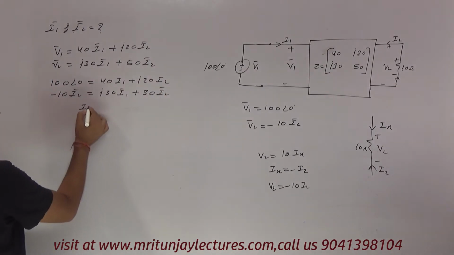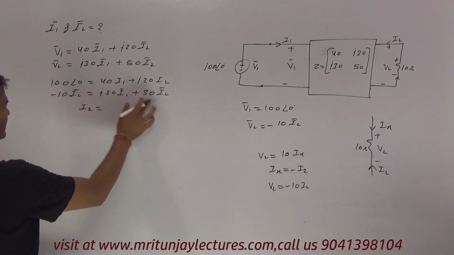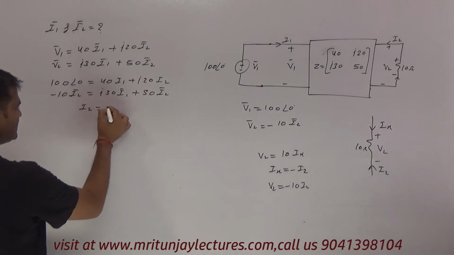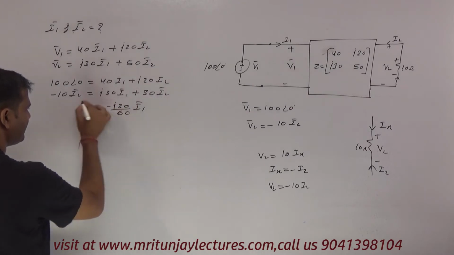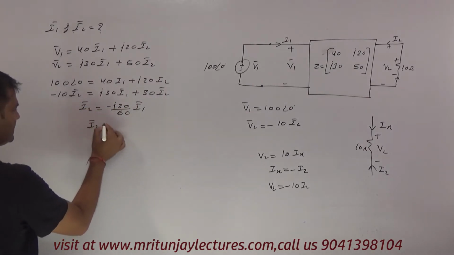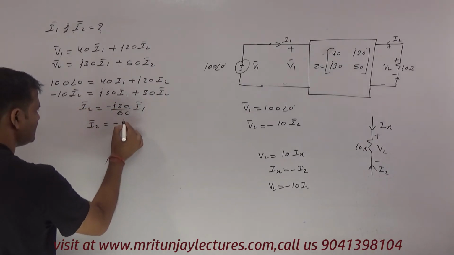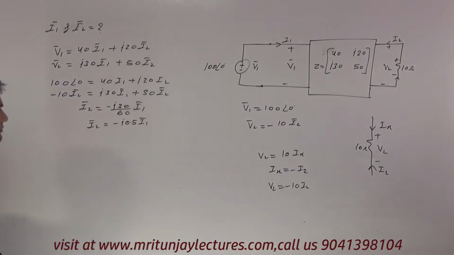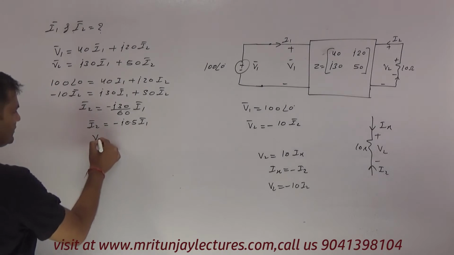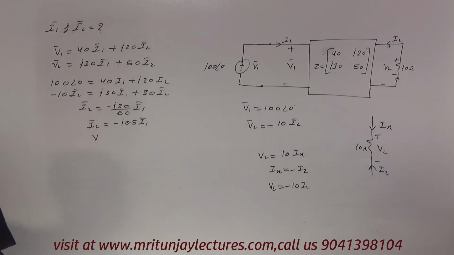So I2 will equal, if 60, so minus j30 divided by 60 I1. So I2 is written as minus j0.5 I1. Clear or not?